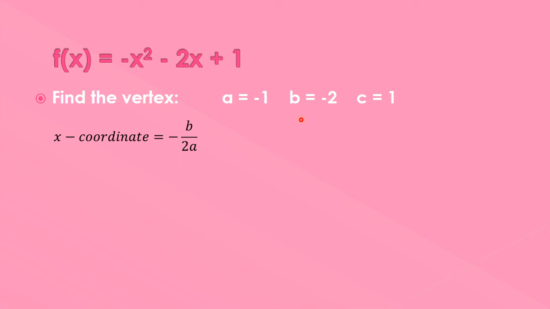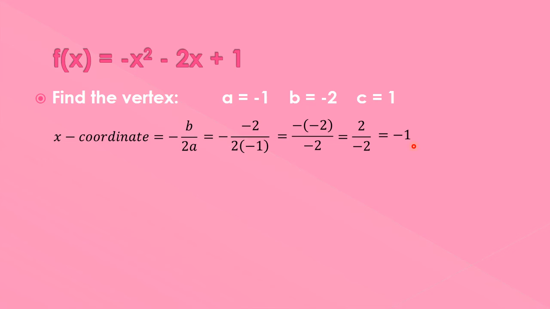Okay, b is negative 2, so negative negative 2 over 2a, 2 times negative 1. Then minus minus means plus, 2 divided by negative 2 is negative 1. So the x coordinate for this vertex is negative 1.